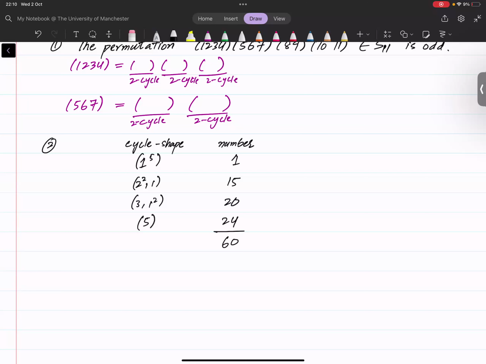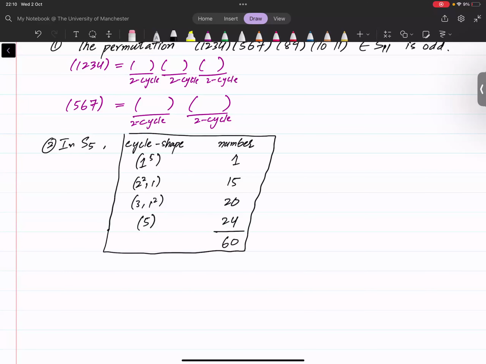So that means if you work out in S5, these are the even permutations with the following cycle shapes.